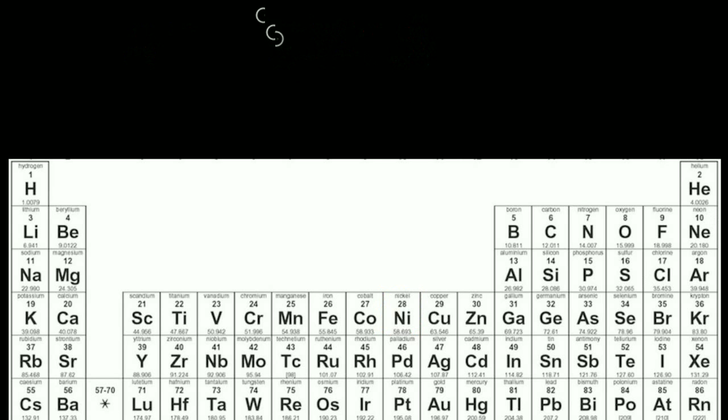Let's say I gave you S2 minus. So let's start off. How many protons do we have? Well, it's going to be sulfur, and any atom or ion of sulfur is going to have 16 protons. That's how we know it's sulfur. So it's going to have 16 protons, and it's got a 2 minus charge.